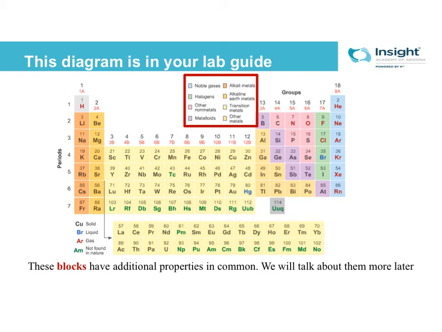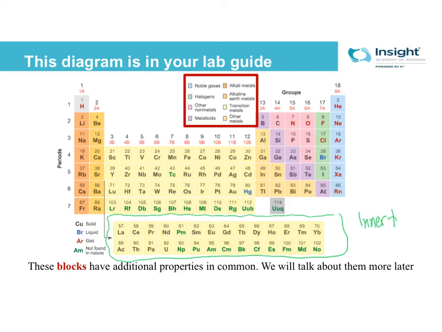The last important key I want to point out to you, and we'll talk about all of these in more detail, is that there are additional blocks or additional families of elements that are grouped together. Those have been color-coded with the background color of the slide. So the dark orange are your alkali metals, the light yellow are transition metals, and these guys are even further broken down as being inner transition metals.